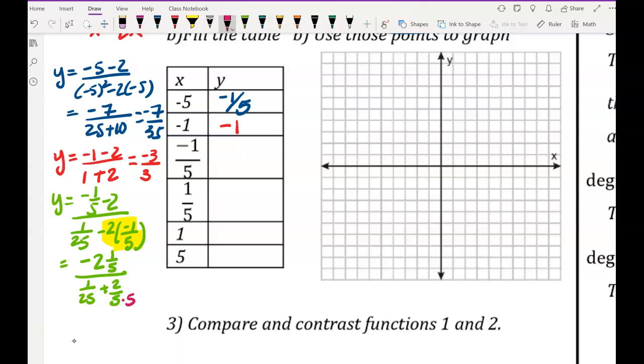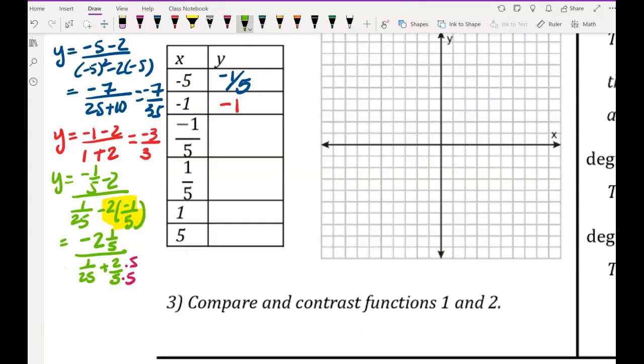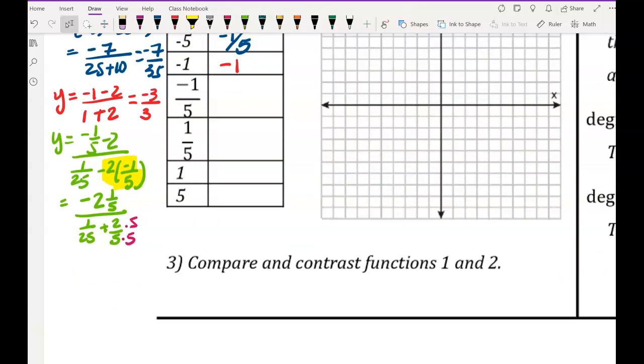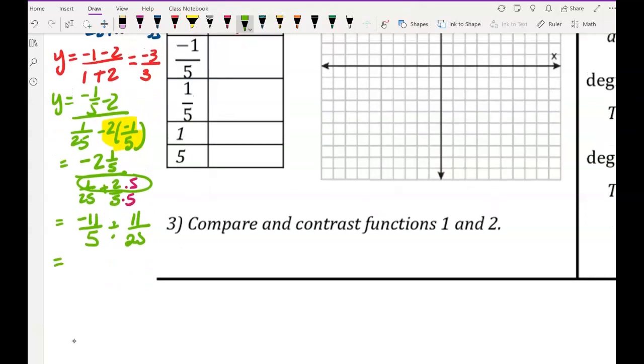That means we have to multiply by the LCD, which is another 5, to make the LCD of 25. So I'm going to rewrite the numerator, -2 and 1/5, as an improper fraction, which is -11 over 5. Then divided by, I'm just going to add the bottom. The denominator is going to be 25. On the top, this is 1 plus 10, so that's 11. Then we're just going to flip, so -11 over 5 times 25 over 11.